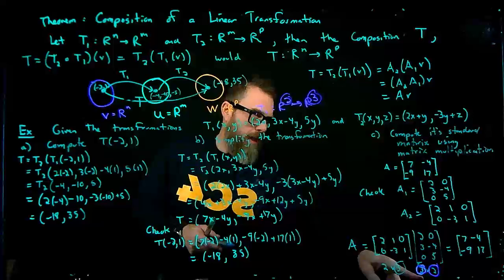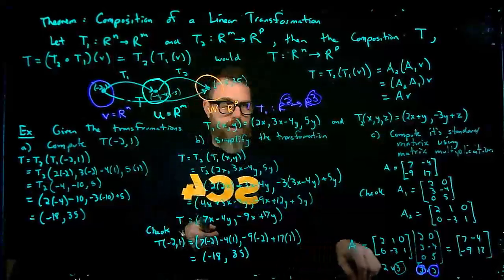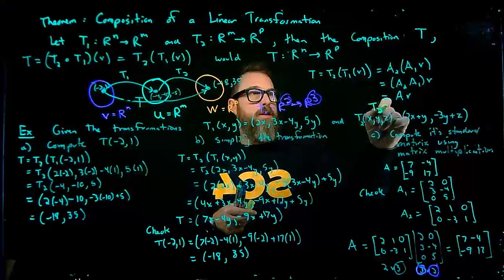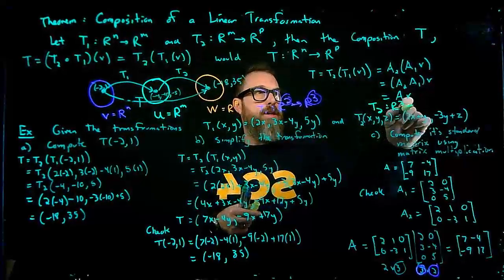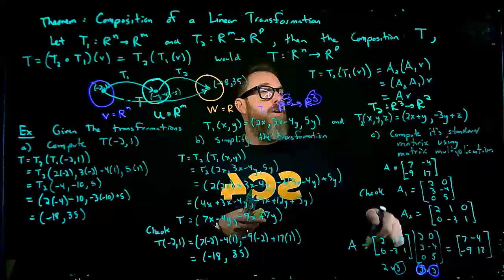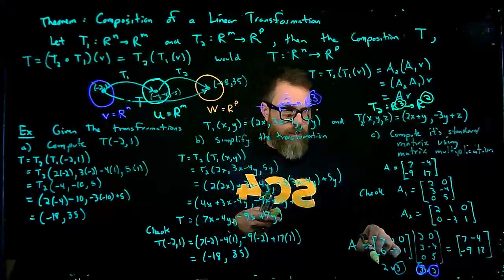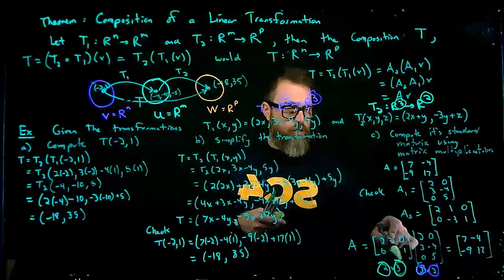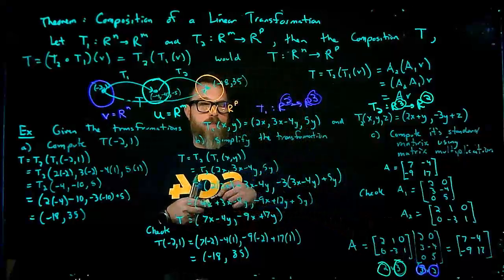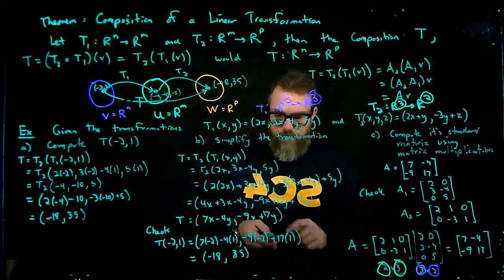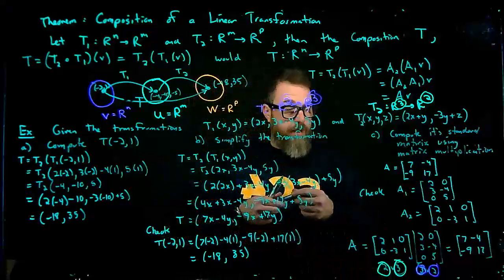Output, input, output, input when it comes to size. Now, T2 went from R3 to R2, so you're going to get a 2 by 3 matrix, and you can see that here. So you'll be able to determine the size of these standard matrices simply by their domain and range dimensions.